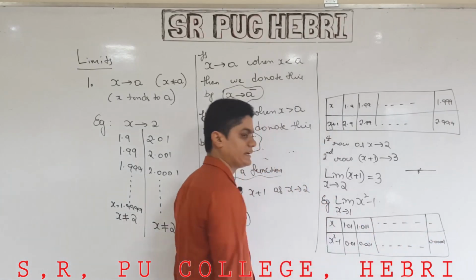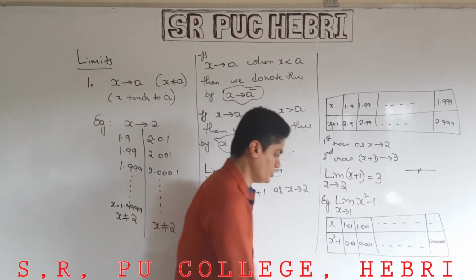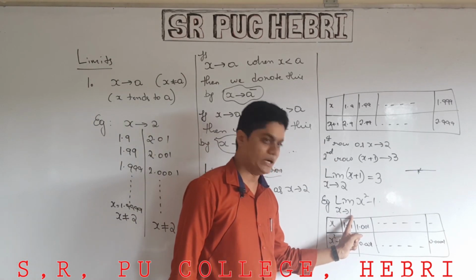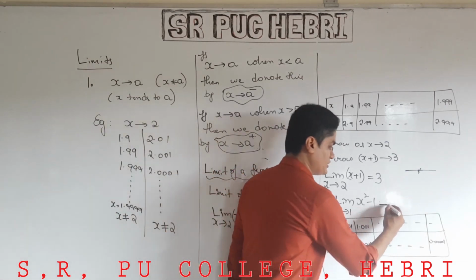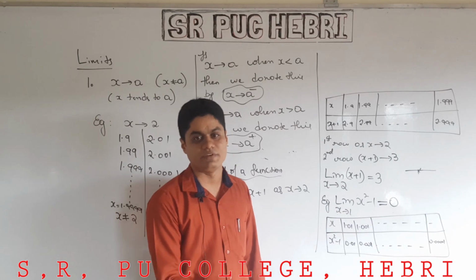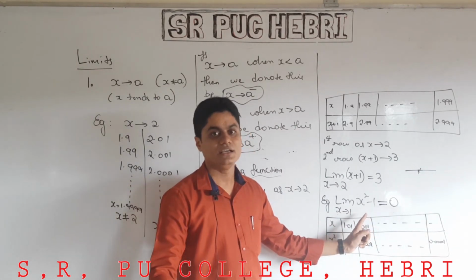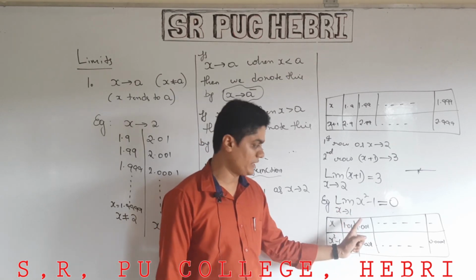I am not writing exact values, only a few values. You can observe here, as x takes values closer and closer to 1, x square minus 1 takes values closer and closer to 0. Now 0.0001 is very close to 0. So the limit of x square minus 1 as x tends to 1 is 0. I hope you understood.